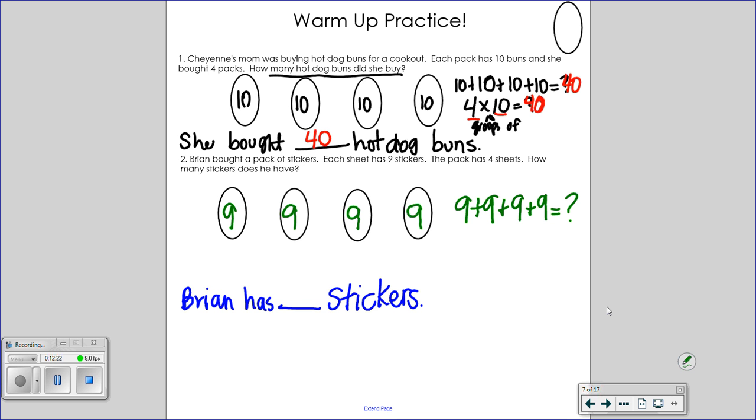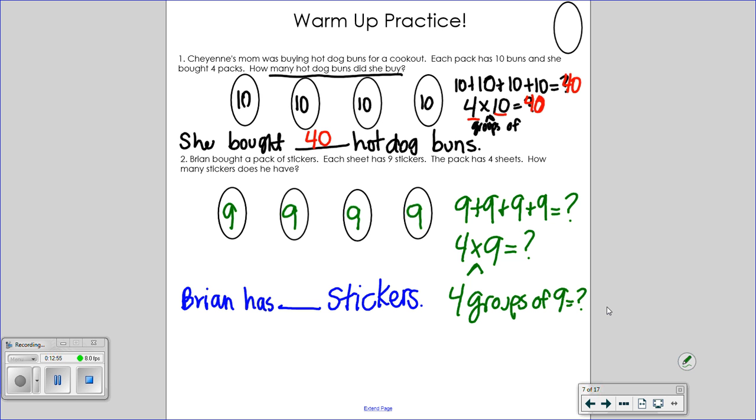Kaylin? 4 times 9 equals. Equation needs an equal sign. How do I say that when I'm describing it? Because I don't read it 4 times 9. How do I read that? 4 groups of 9.